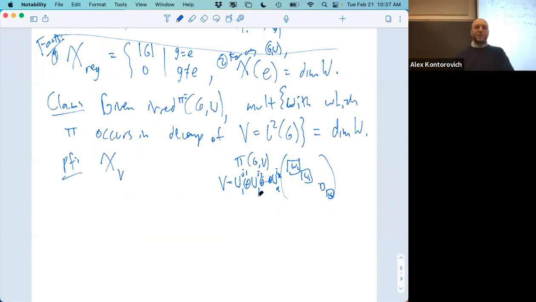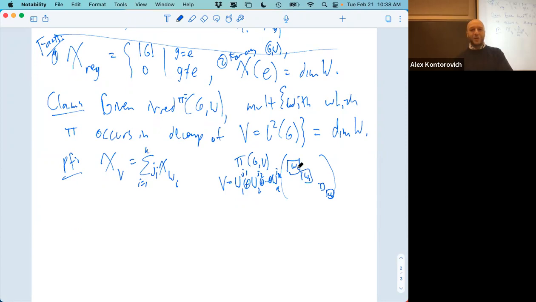So the point is, whenever you have a character of V, you're taking the trace. Well, isn't that just the sum of the traces of the pieces? So this is a sum of chi of W_i times J_i, as i goes from 1 to k, because that's how often it occurs.